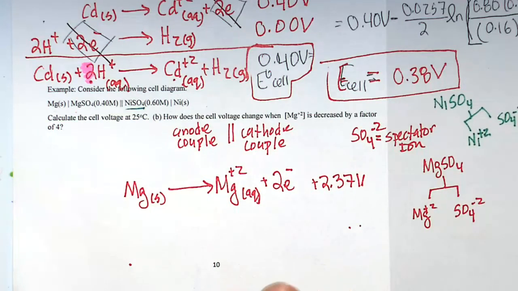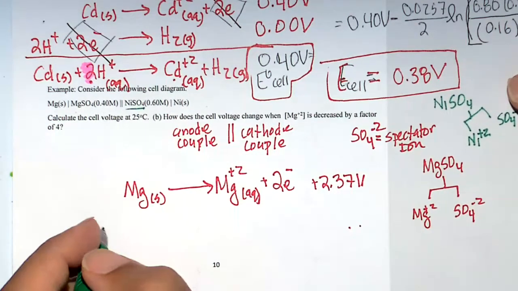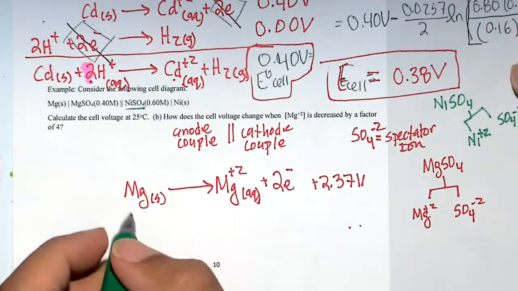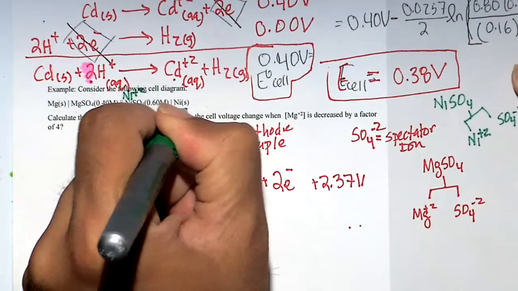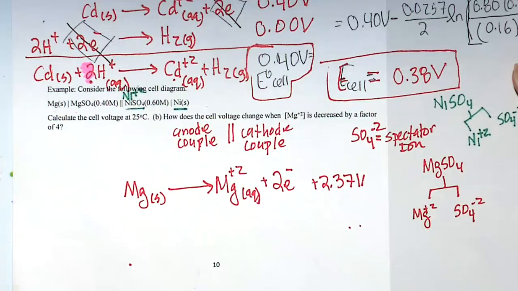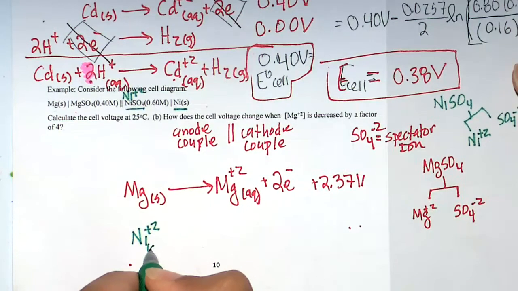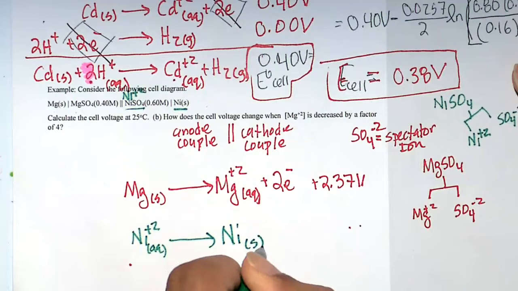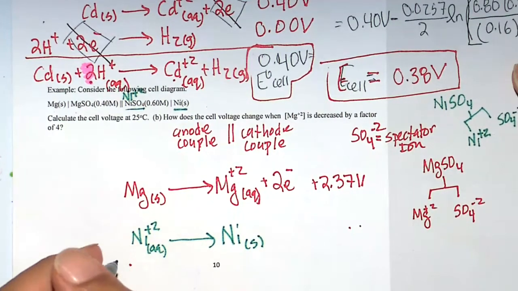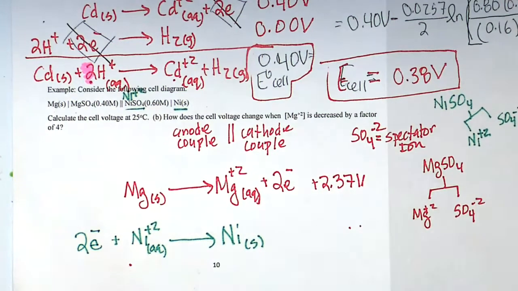It's just dissolved. Let's write that half reaction. We have Ni plus 2 going to Ni solid. How many electrons and where? 2 on the reactant side. Very good.